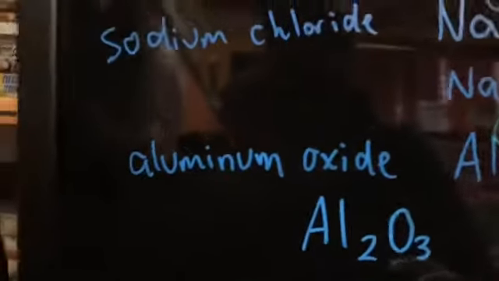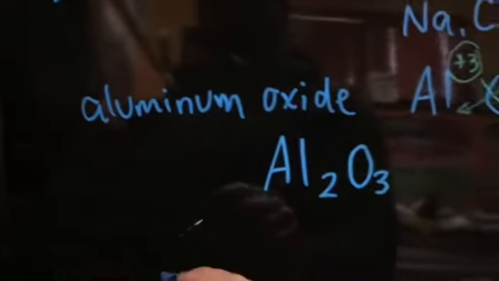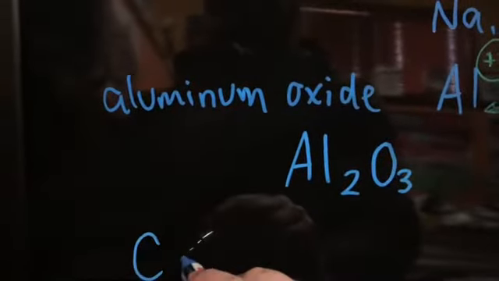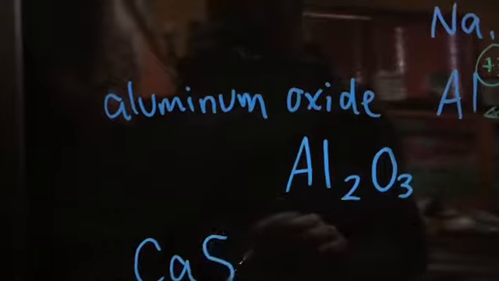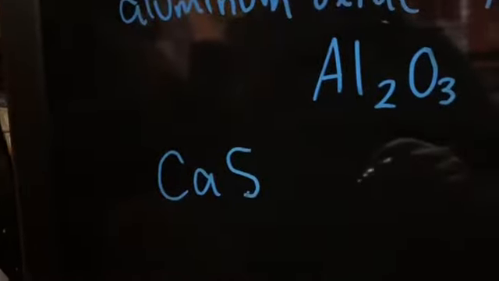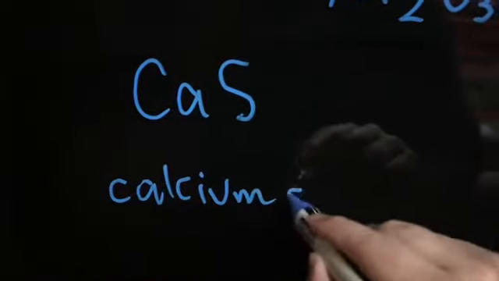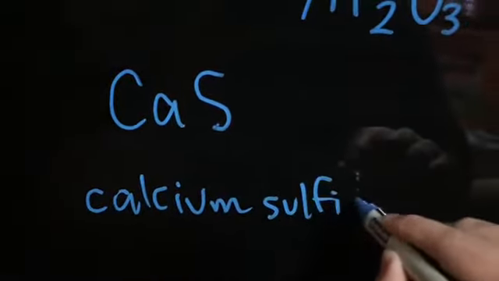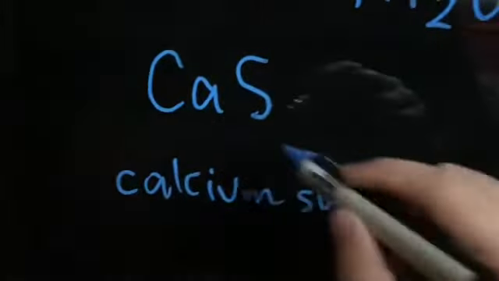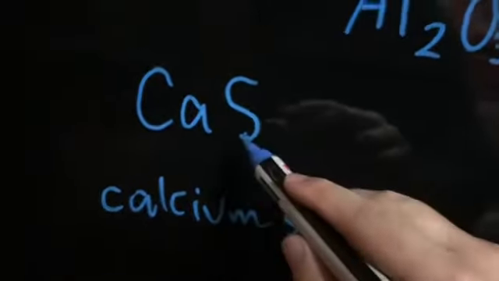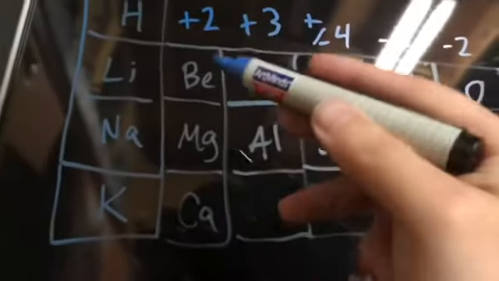I'm going to do one more example. Let's say calcium sulfide. So I guess I'll just write the name here. Calcium sulfide. So the Ca is calcium, the sulfide is sulfur, which is S. Now calcium here has a charge of +2, and sulfur has a charge of -2.